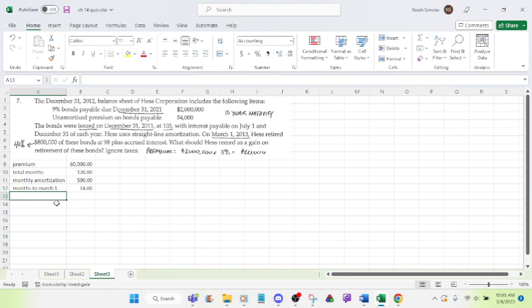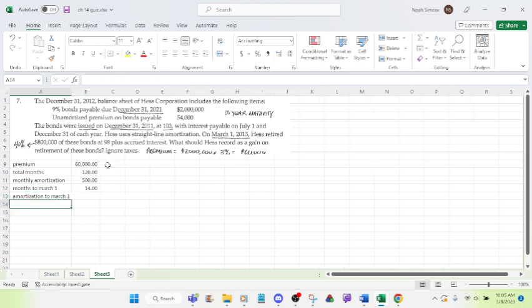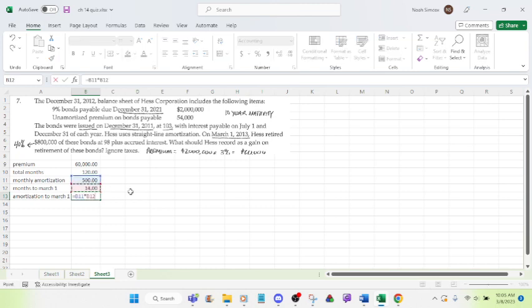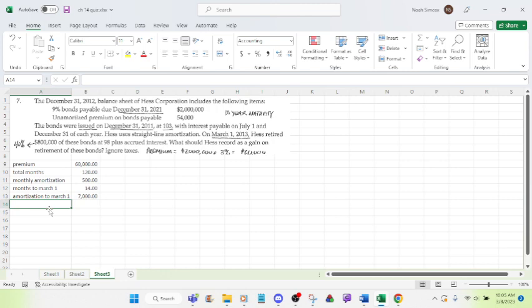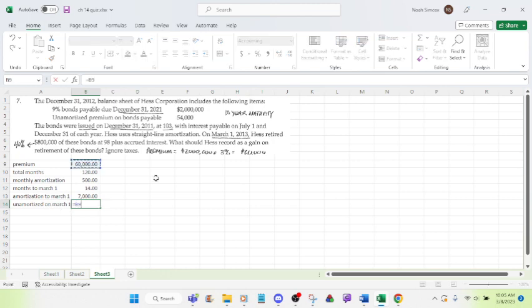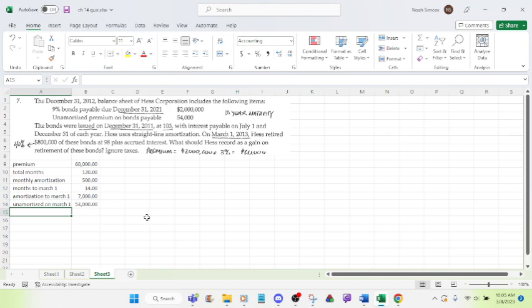So amortization to March 1st is going to equal this times this, and then unamortized at March 1st is equal to this minus this, times 0.4.